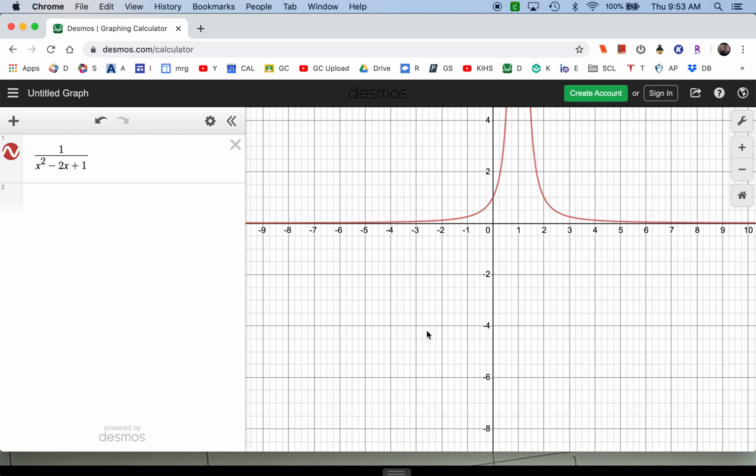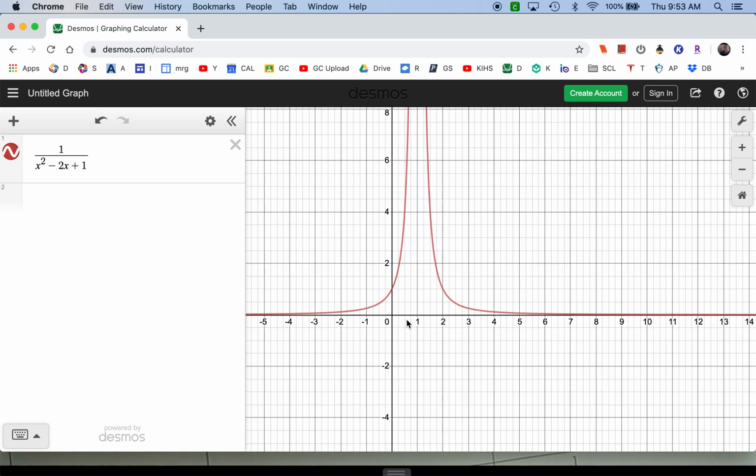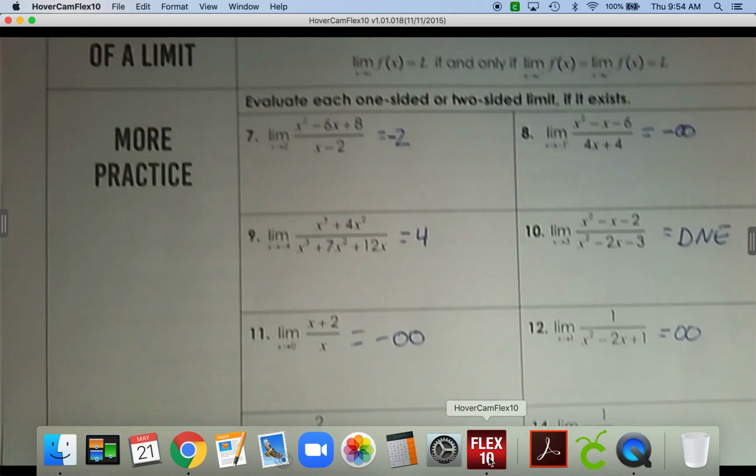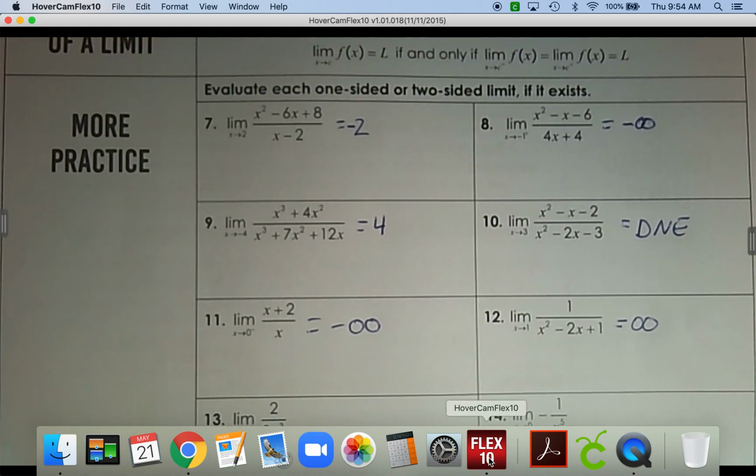So I want you to notice again, at 1, there's an asymptote. Notice it's a two-sided limit. Both left and right are going in the same direction. So we can write down the answer for number 12, that the limit does exist, and the answer is infinity. So those are my solutions so far.